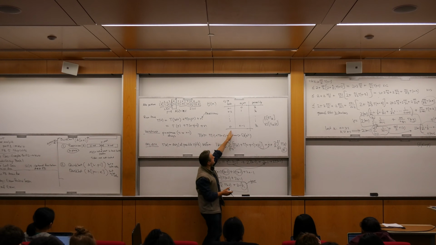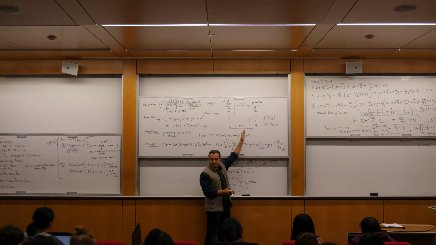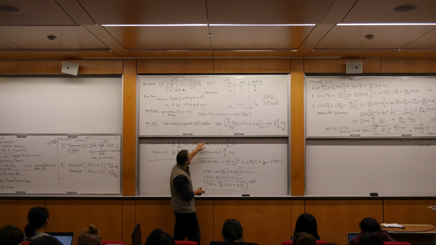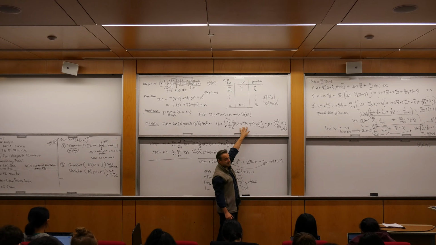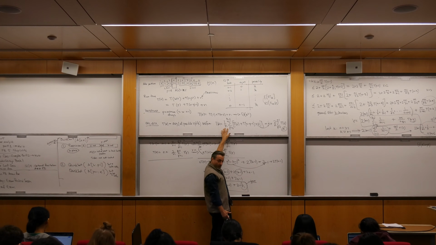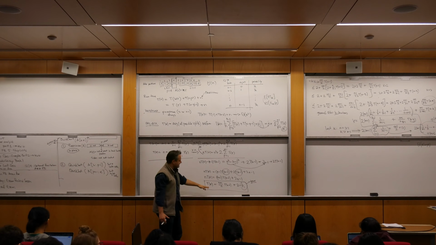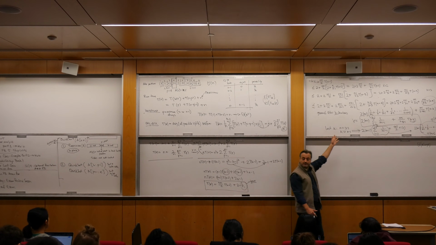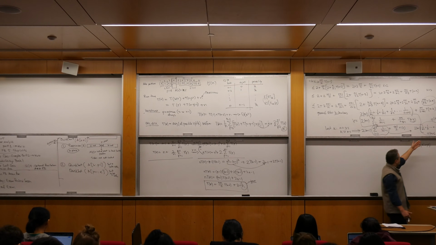So the splits could be all the possible splits with uniform probability 1 over n. We took the recurrence for a given p, averaged over all possible p's, and then solved this recurrence with the iteration method, and we got n log n.